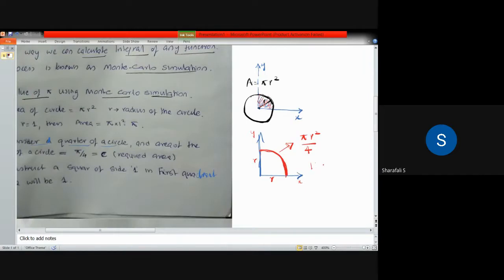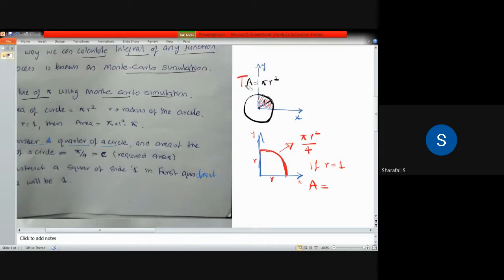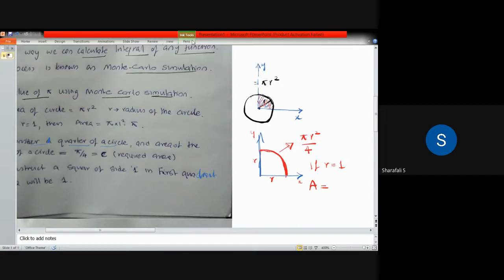if I put r equal to 1, then the area of that particular portion of the circle, let's say this is the total area. Let's take it as TA or AT, you can give any name for this. Let us consider this as the total area of the circle.